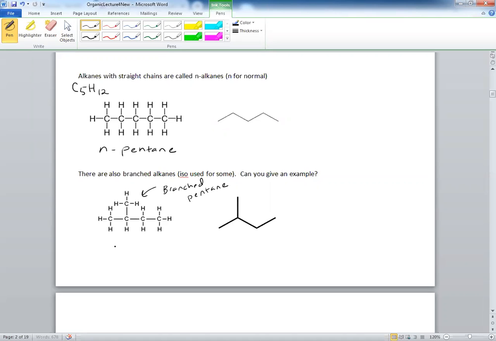So we call this an isopentane, but the technical name, and we're going to talk about the name, is 2-methylbutane. We will talk about this, but this would be an isopentane.